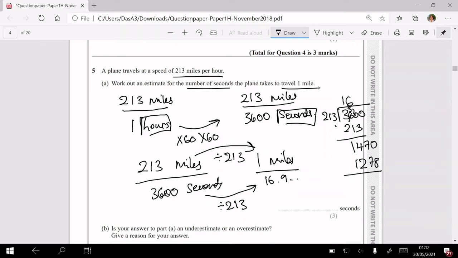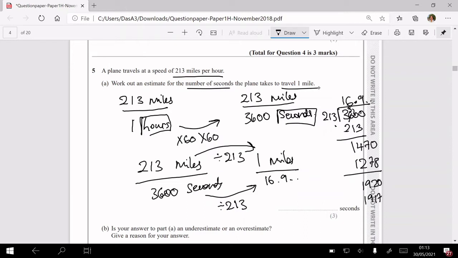1470 minus 1278. That is 192. But that's too small, so you put a dot and dot, and that should leave you with .91917.